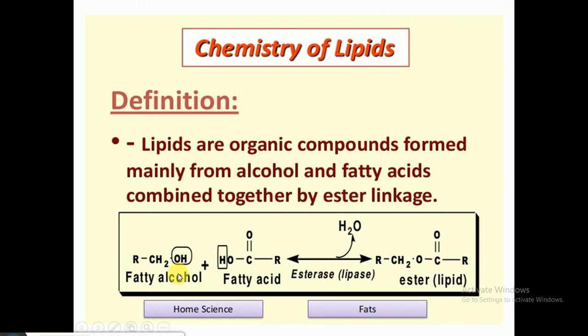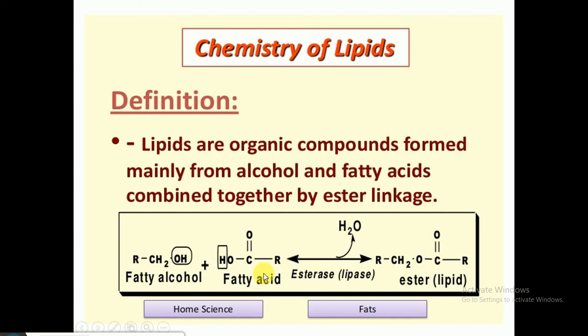On one side there is the hydroxyl group, while on the other side the alkyl group is present. Then the fatty acid formula: look at here, this is a hydroxyl group, and this is also a hydroxyl group, attached on opposite sides of one another. Here the carbon is directly attached to the oxygen. Here is a double bond. Here there is a single bond between carbon and the alkyl group.